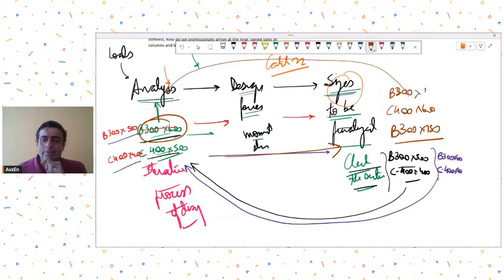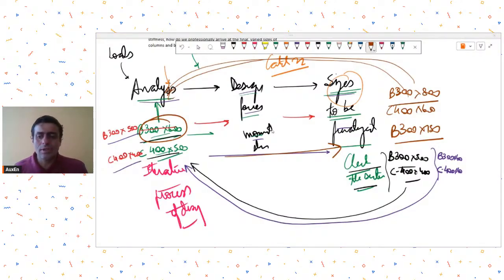So either your initial chosen size is less than required, or your initial chosen size is more than required. In either case, you are required to do the iterations to arrive at an optimized and safe result.